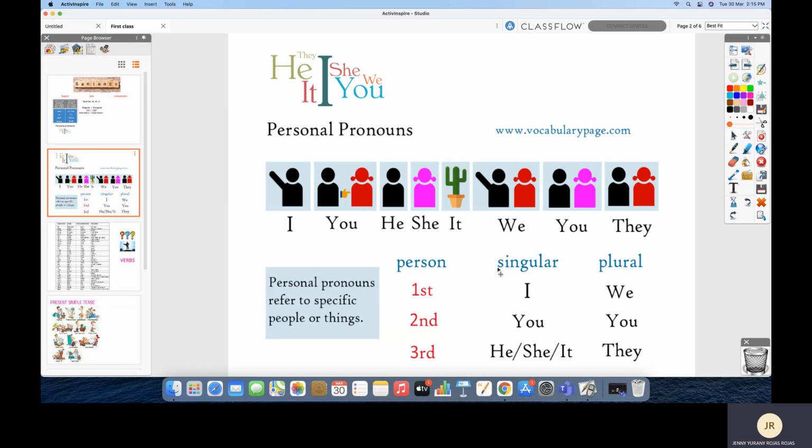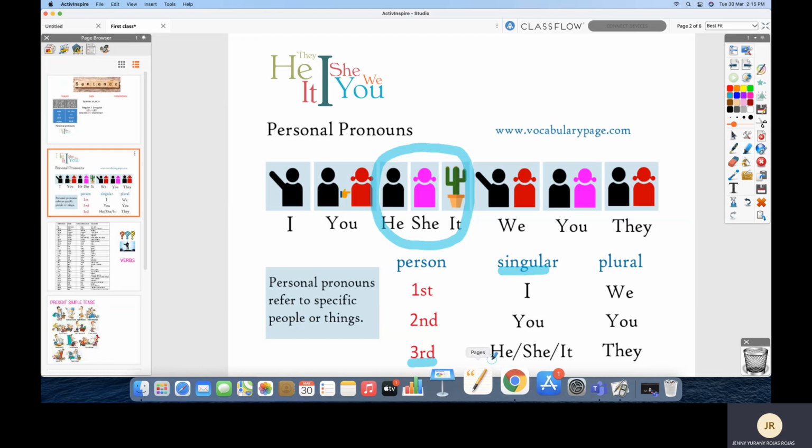Entonces la segunda persona del singular, una sola, cuando yo sostengo una conversación con alguien, ese es you. The third singular person, entonces la tercera persona del singular vienen a ser estos tres que están aquí. Let me show you a little bit more. So, those are the third singular person, okay?